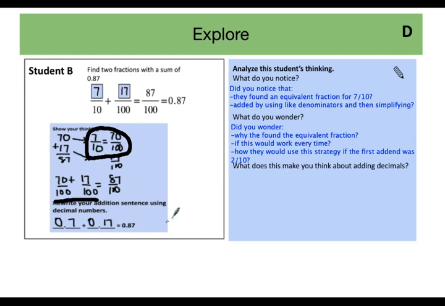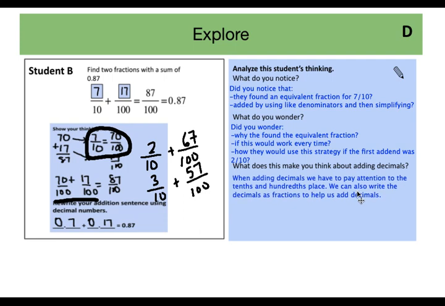If it was 2/10, how much would they have to add? 67. Interesting. 3/10, 57. And we see that 7 staying there, right?